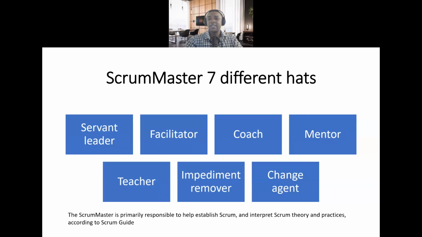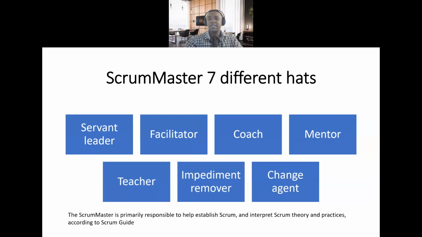A mentor is more or less on the closeness of one-on-one. Someone you can share, let's say, a secret. A mentor. That is why you hear mentoring session, right? So a Scrum Master is a mentor. When a Scrum Master is, for example, having a workshop session, he is coaching.